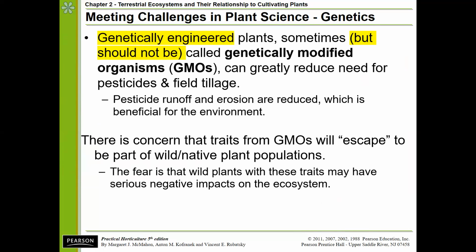We talked about genetically engineered crops, and I really think that we should refer to them as GE, or genetically engineered, rather than genetically modified organisms, because technically, all of our crops really have been genetically modified at some point, just through traditional breeding.